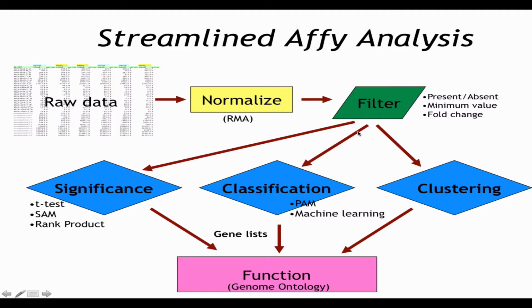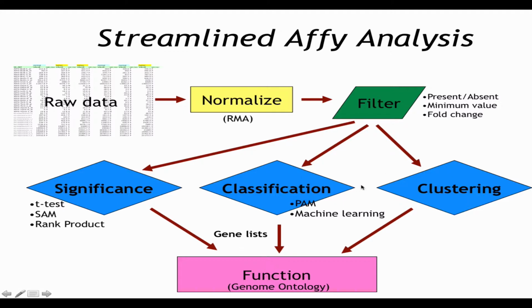Filter, you might want to remove some subset of the data that doesn't meet some level of criteria. We'll revisit that again in RNA-seq. There's measurements that are too low to be reliable. There may be measurements that are too high to be reliable. There may be outliers of one sort or another that for statistical reasons you are justified in removing from your data set in order to make a more accurate comparison between treated and control samples.